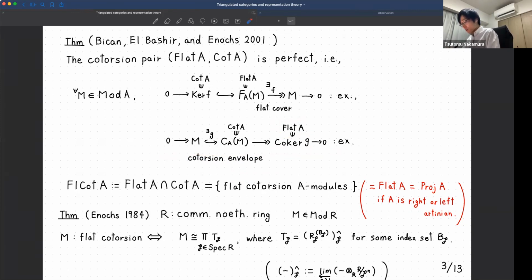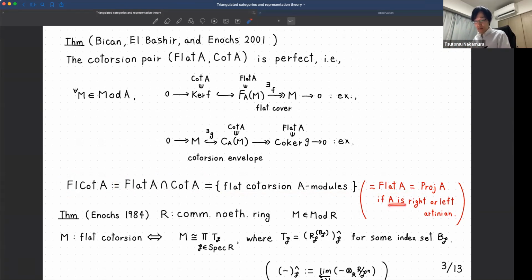The intersection of this perfect cotorsion pair, namely the core, sometimes called the kernel of the cotorsion pair, is denoted by flat cot A. By flat cotorsion A-modules, I mean modules which are flat and cotorsion. Here is an important remark for people mainly working on finite dimensional algebras, or slightly more generally, Artin algebras.